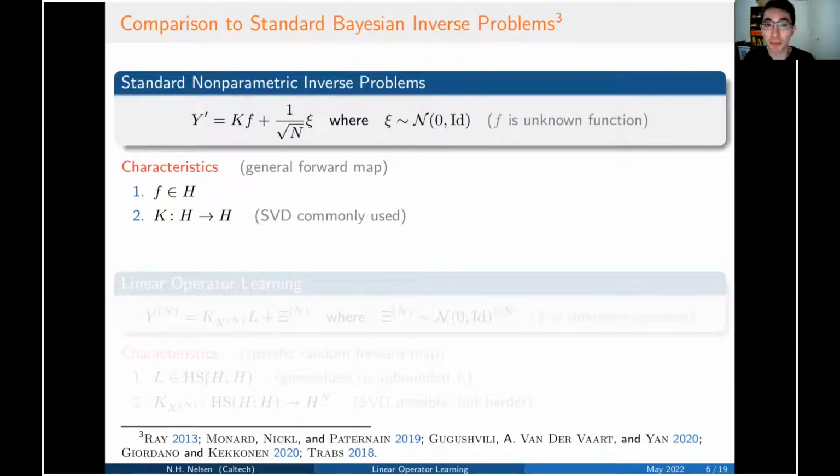If it's compact, people typically can study this problem theoretically using the singular value decomposition of the operator. You can project this equation on a Hilbert space into a sequence space, and then solve the equivalent problem in the sequence space. We take a similar approach, but it's not quite the same.